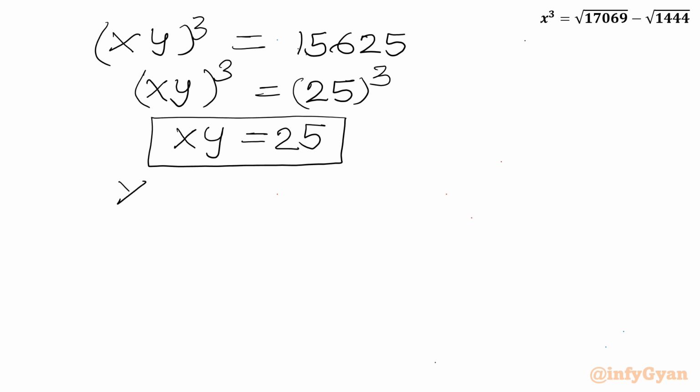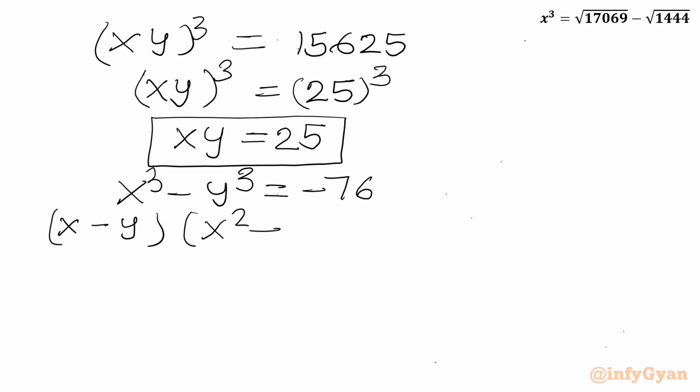Now I will be writing our first equation, x cube minus y cube equal to minus 76. Let's apply the a cube minus b cube formula. So a minus b times a square plus b square plus ab equal to negative 76.